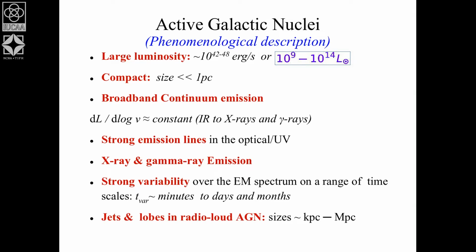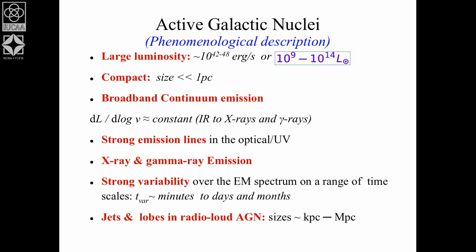They have a very broadband continuum from radio to gamma rays. They have very strong emission lines in the optical and ultraviolet. They emit strongly in the X-ray band, and many of the AGNs are also very strong at gamma ray wavelengths. They show strong variations over almost the entire electromagnetic band, with a range of time scales.